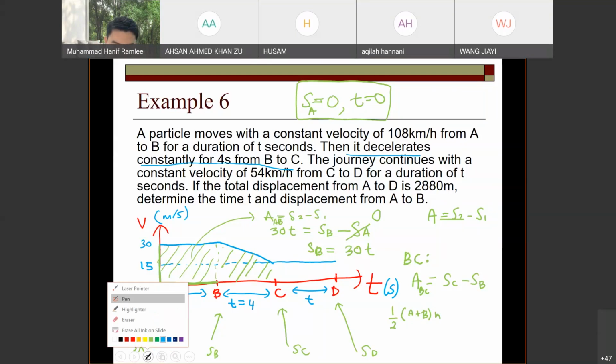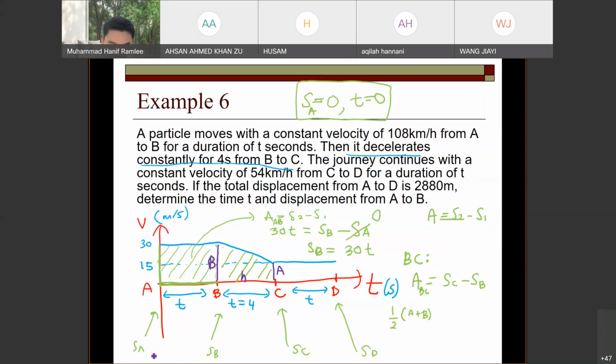This A, this B, this is the height. This should be H equal to SC minus SB.